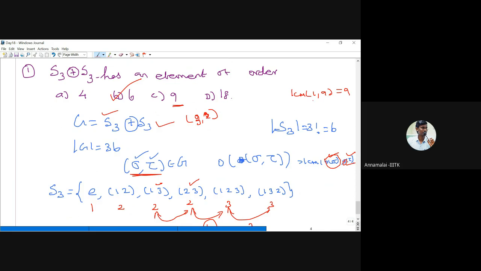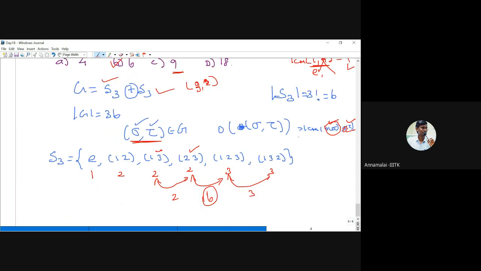If you take the LCM of 3 and 3, you get 3, not 9. So we get 9 only from the LCM of 1 and 9. But anyway, the permutation group contains order 1, namely the identity element, but it does not contain any element of order 9, because the maximum order is 3 in S3.